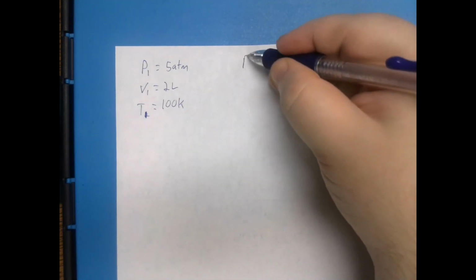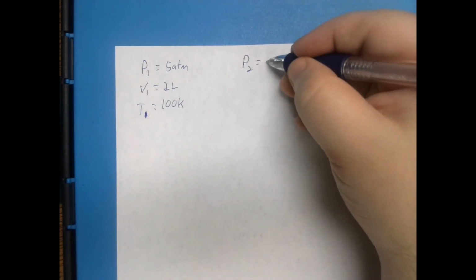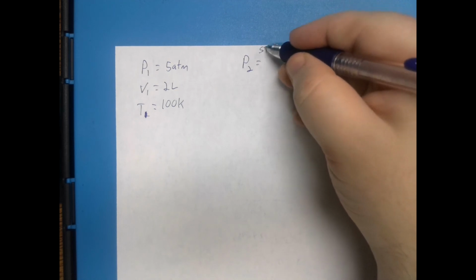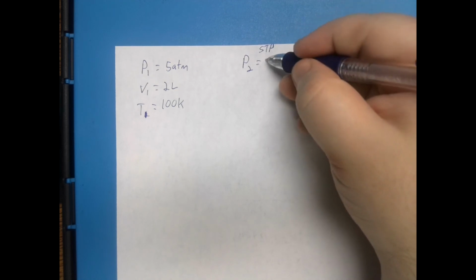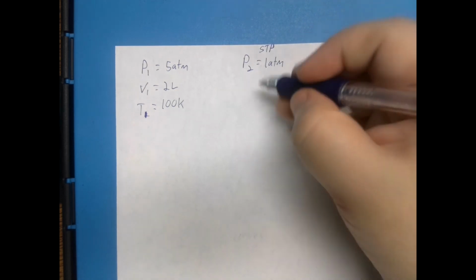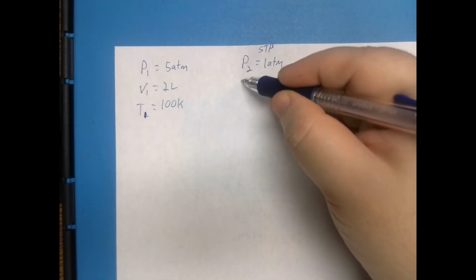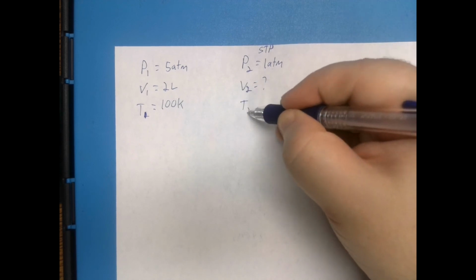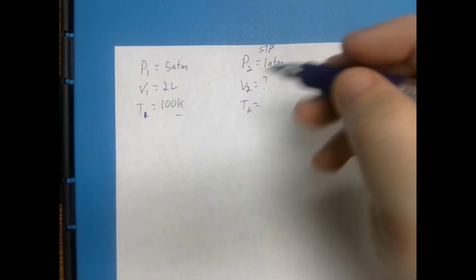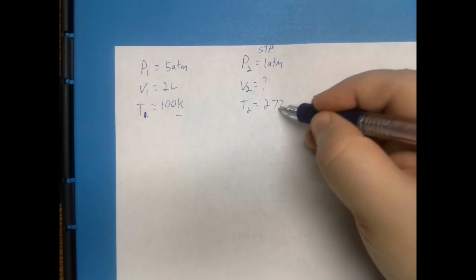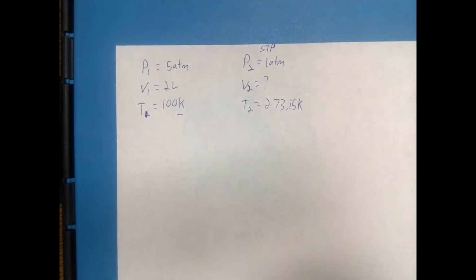So our final pressure is STP. So STP is 1 atmosphere. We use atmosphere because there's atmosphere over here. We're solving for final volume. And this is in Kelvin. STP is this.